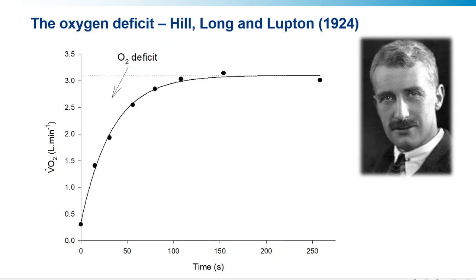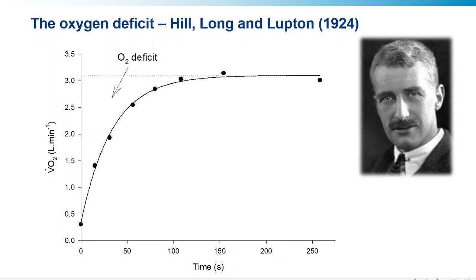And we can laugh at A.V. Hill for that because we know it's wrong now. But his suggestion predates the discovery of ATP and phosphocreatine by several years. So this is a very important point. What Hill did was get the concept right, but the details wrong.